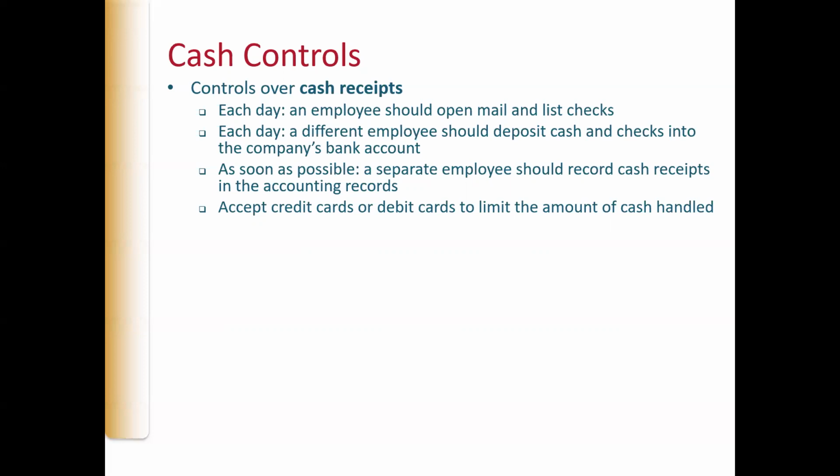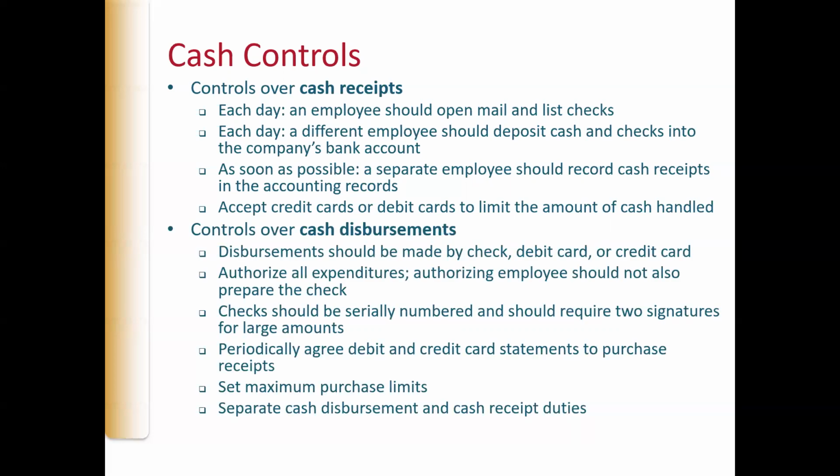Each day, a different employee should deposit cash and checks into the company's bank account. As soon as possible, a separate employee should record cash receipts in the accounting records. And one should accept credit cards or debit cards to limit the amount of cash being handled.